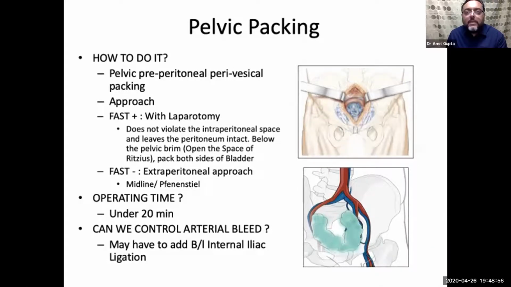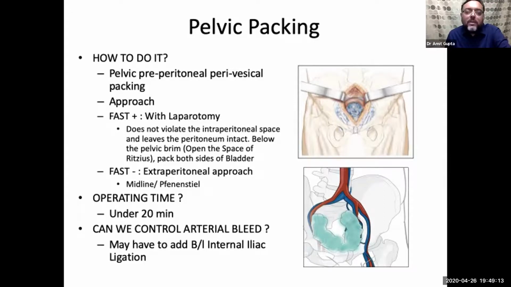But at the same time, what we actually do as trauma surgeons is that once the laparotomy is done, from the inferior part of the incision, we try to peel off the peritoneum off the bladder.